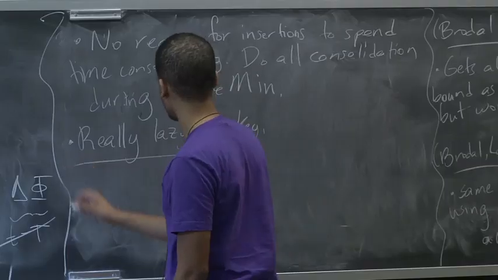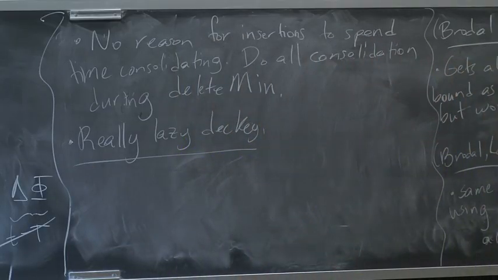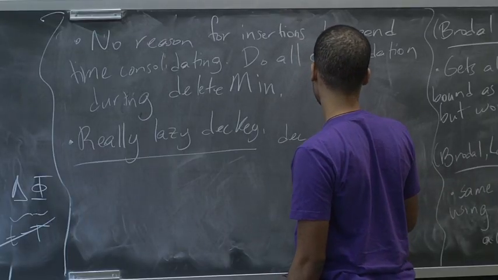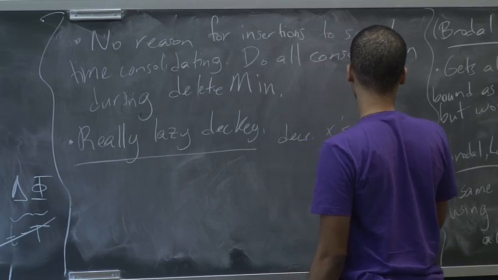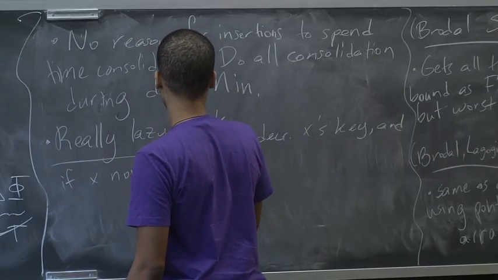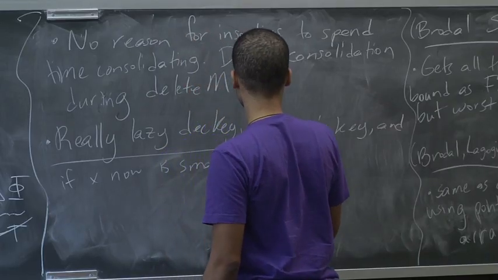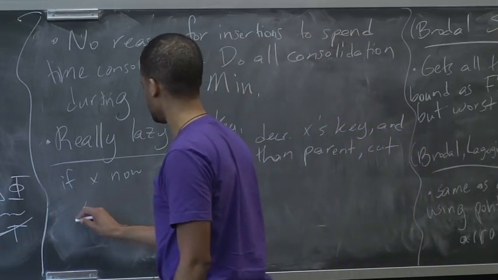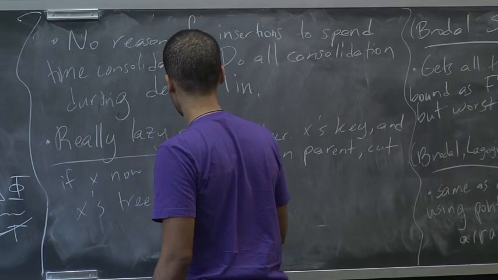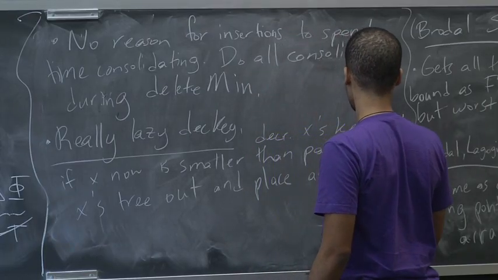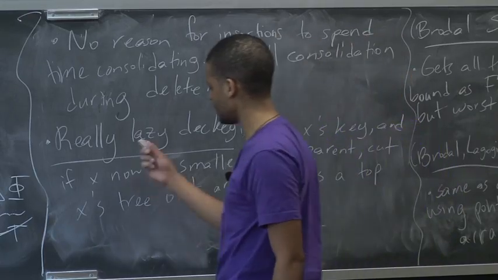But it's the right idea to first start off really lazy and then figure out if you need to do more. Just do the bare minimum to get the job done. Really lazy decrease key is: decrease x's key, and if x now is smaller than parent, cut x's tree out and place it as a top level tree in our linked list.